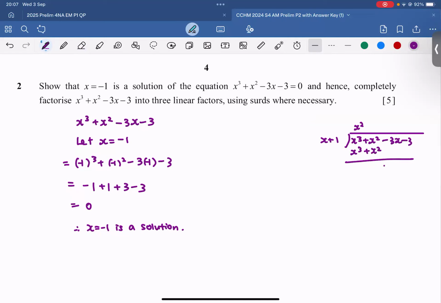So you subtract, this becomes 0, bring down the -3 minus 3. This is equals to x plus 1 times x squared minus 3.